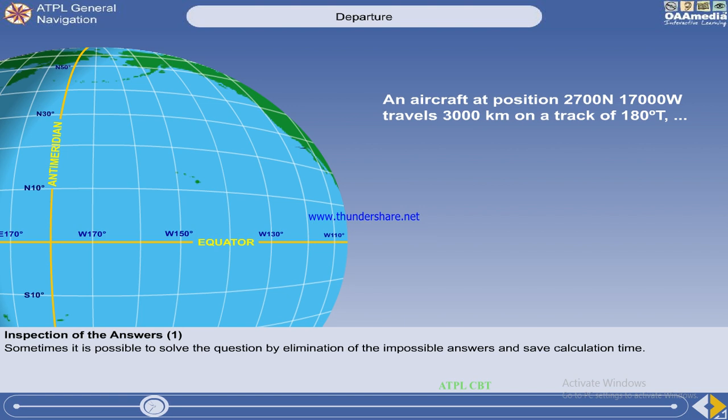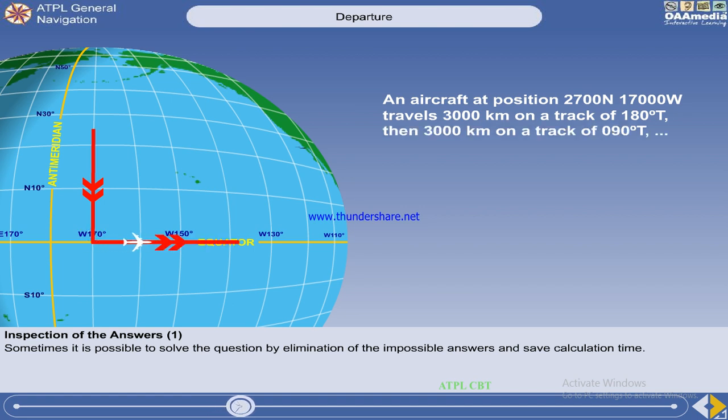An aircraft at position 27 north and 170 degrees west flies 3,000 kilometers on a track of 090 true.